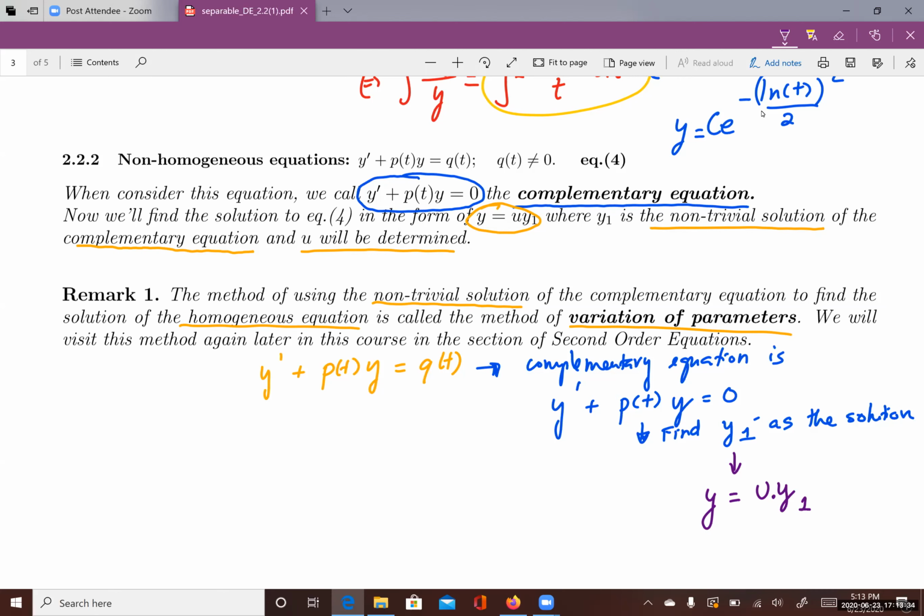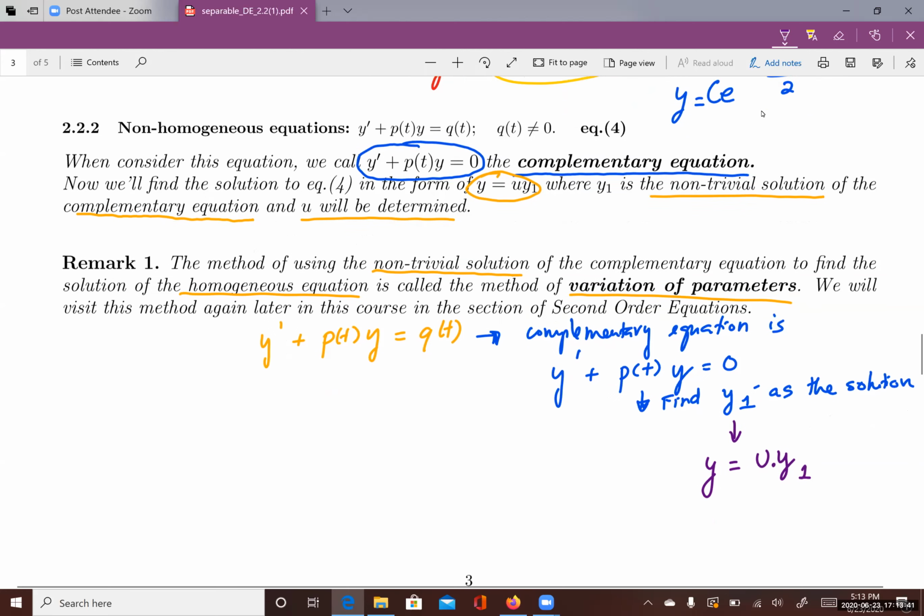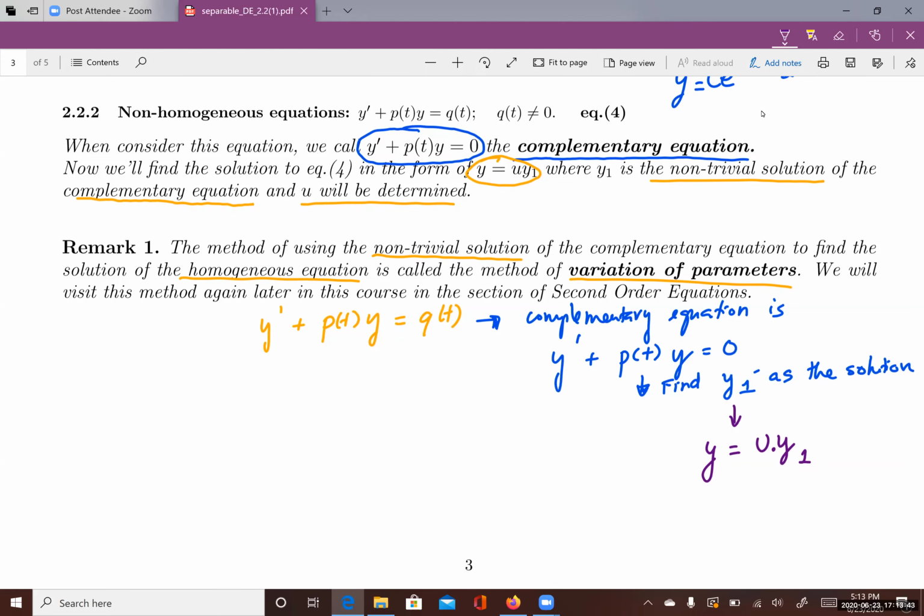Again, y here is a solution to this non-homogeneous equation. So if I set y equals u times y1 as a solution to the non-homogeneous equation, then that means y has to satisfy this equation.